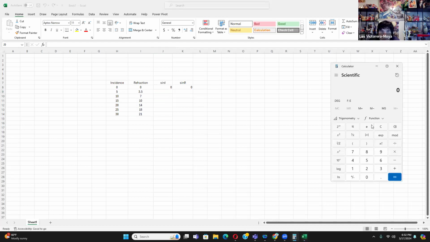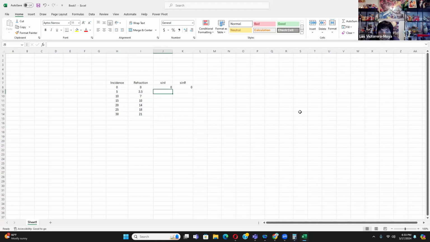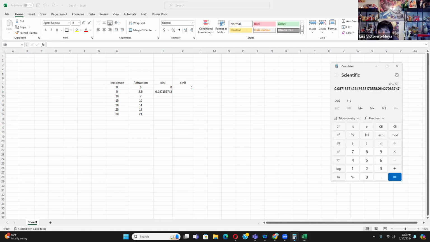You can use a calculator for this. So let's say you want to find the sine of 5. So you go 5 sine, and you get it. If you want to do it in Excel, which would be more efficient, you would do equals sine of the angle multiplied by pi over 180. It's the same value I got here, right?